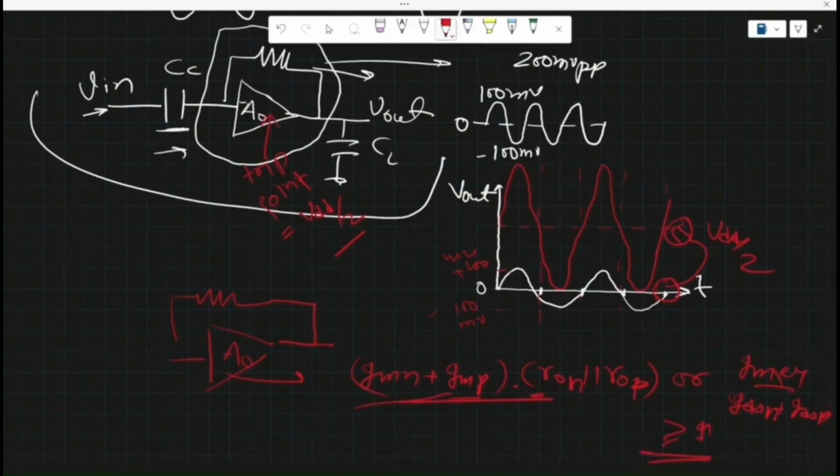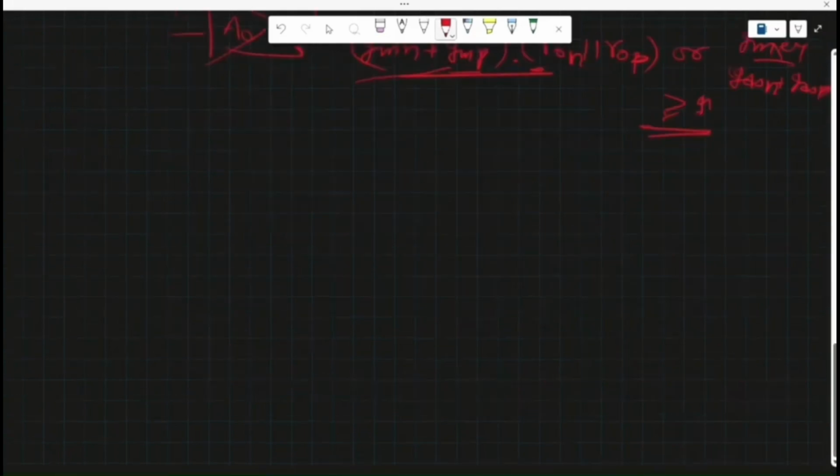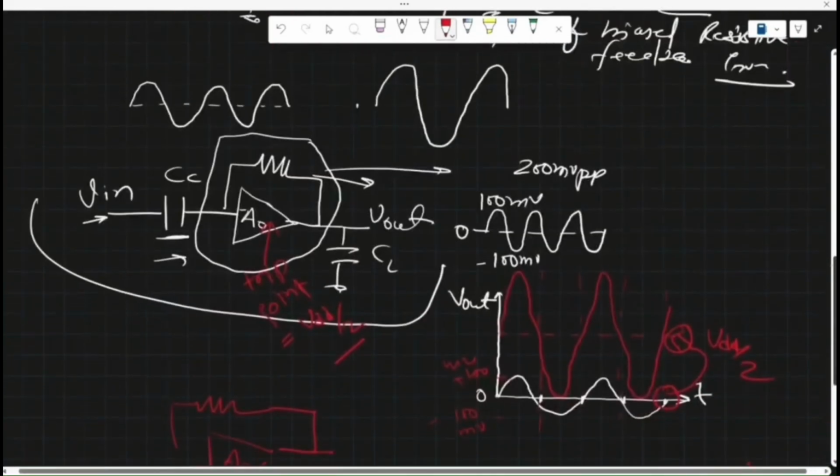If we draw the equivalent small signal model of the circuit, we'll find that in order to keep the gain greater than 1, we need to make sure that this RF is greater than RO L parallel RO T, so that this self-biased inverter structure can work as an amplifier.